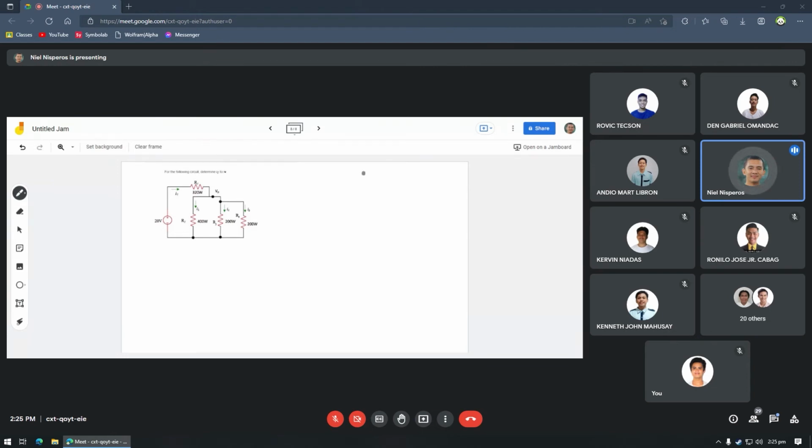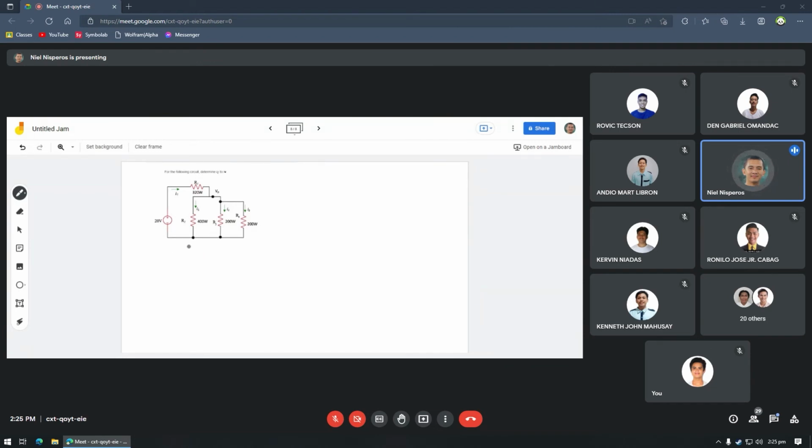Ang R2 is 400, then the R3 and the R4 are the same, 200 ohms. So again, 400 and the two 200s are connected in parallel, and then 320 is connected in series with the total of these 3.